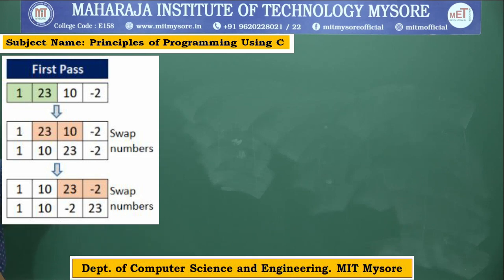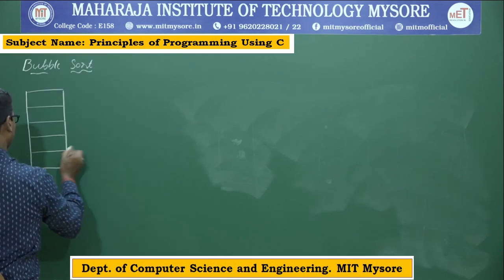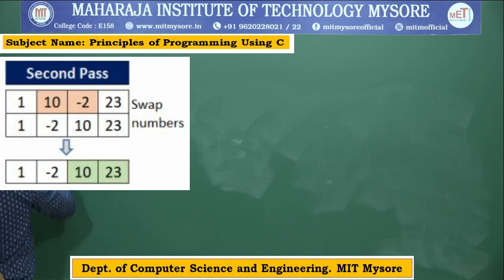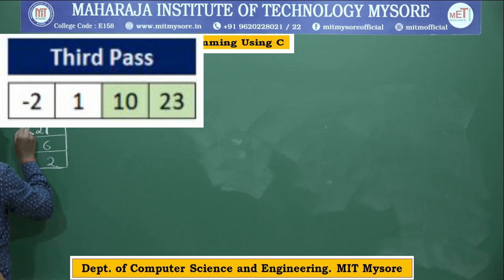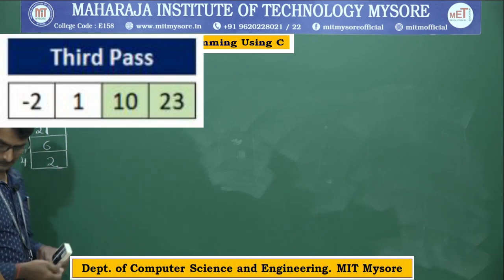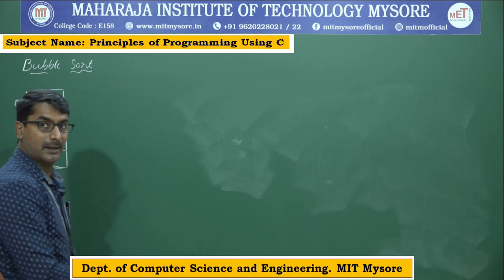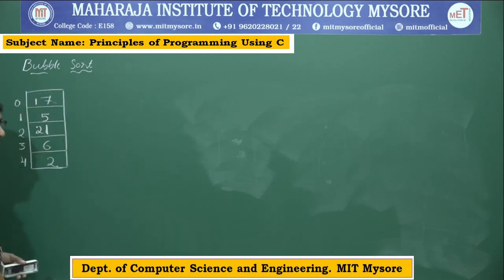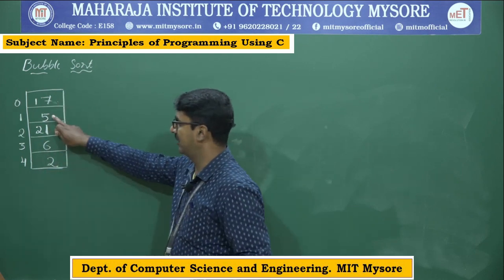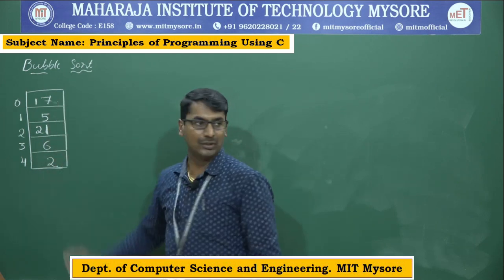I will consider an array of size 5. Now let's consider the array elements: 17, 5, 21, 6 and 2.